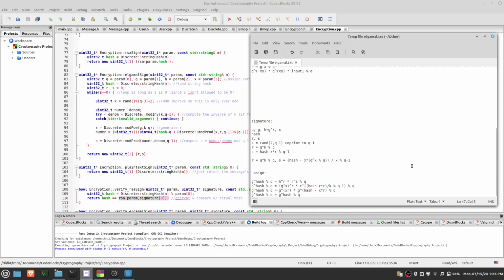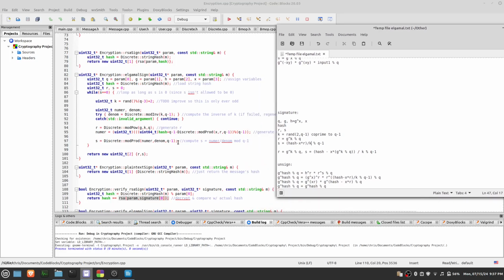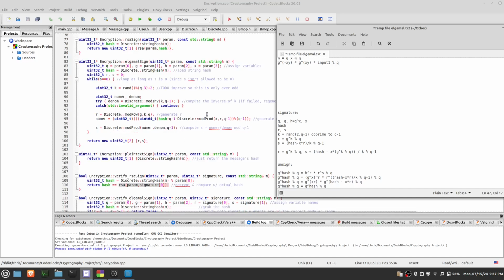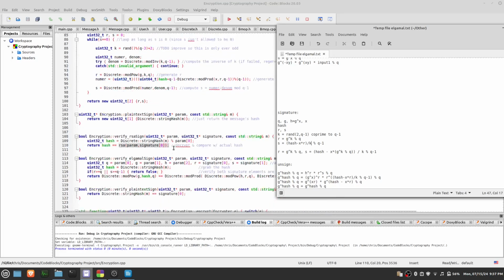It's equal to the hash minus x times r, all divided by k mod q. It all comes together in the end. Also, I like how this is written specifically because I never had the foresight to write a modular add or modular subtract function. So that's why this looks so complicated, even though it's just subtracting two things.